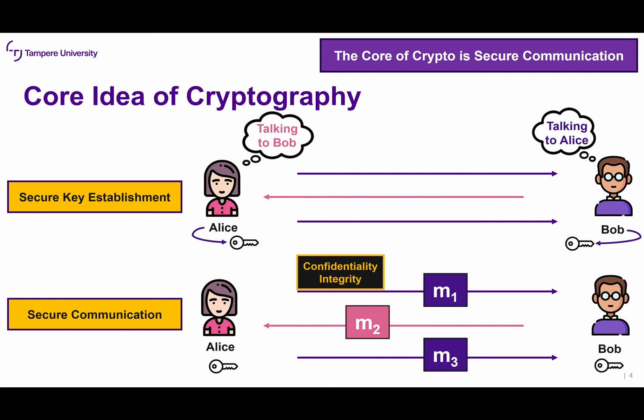Which means that if we have Eve, the malicious adversary, in the middle, who is overhearing the communication channel between Alice and Bob, she will not be able to say anything about the contents of the exchanged messages, right? Now, availability is something that we don't really solve with cryptography. Okay, it's a different problem, and we don't really need cryptography to solve it.